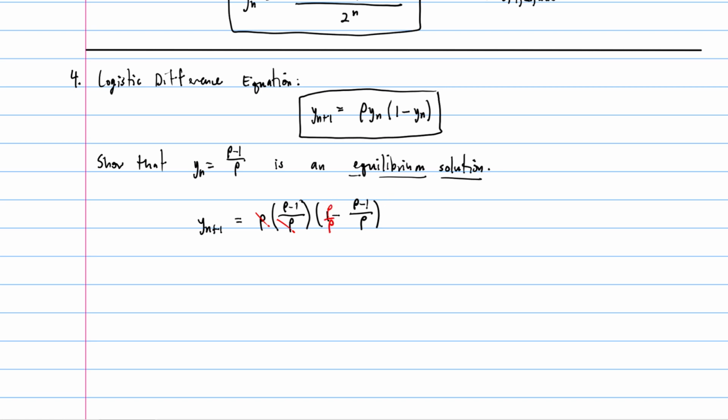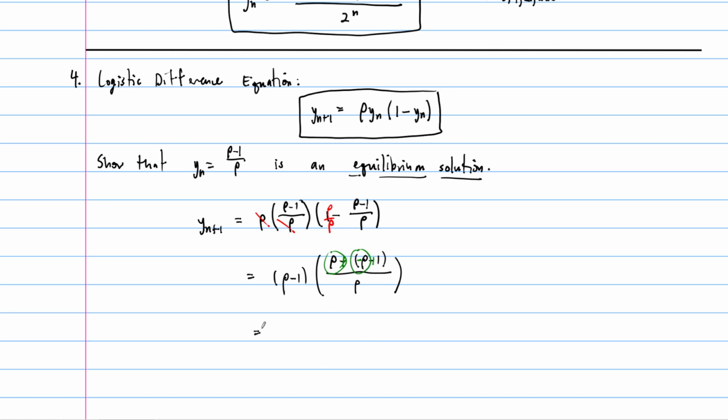And then we just very carefully work out the details here. We're left with a rho minus 1 outside. When we subtract this, I'll do it in steps, this is rho minus, parentheses, rho minus 1, all over rho. And then of course we have a minus that distributes, right? And then rho minus rho is going to cancel.